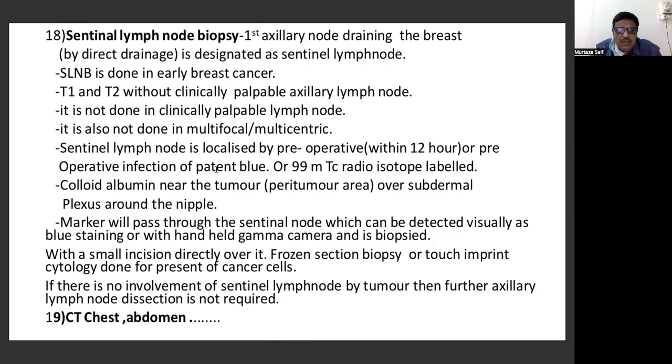The marker will pass through the sentinel node, which can be detected visually as blue staining or with a handheld gamma camera, and is biopsied with a small incision directly over it. Frozen section biopsy or touch imprint cytology is done for presence of cancer cells. If there is no involvement of the sentinel lymph node by tumor, further axillary lymph node dissection is not required.